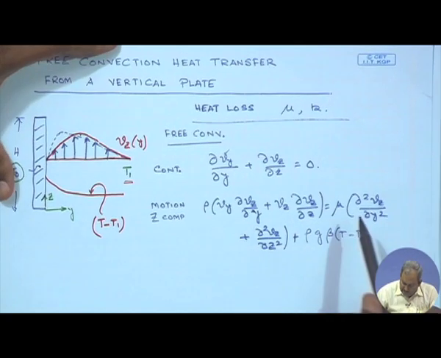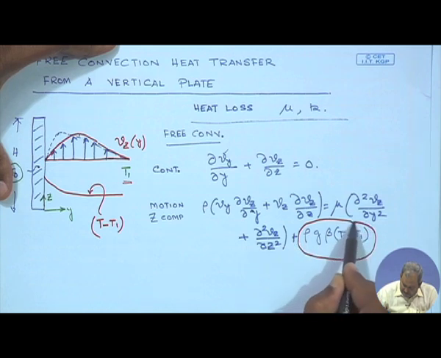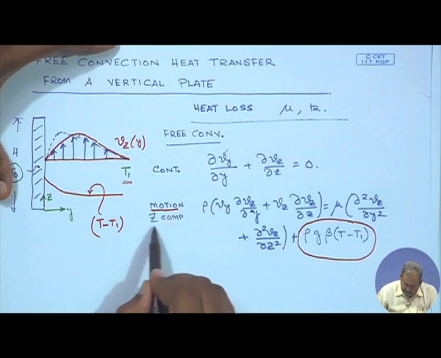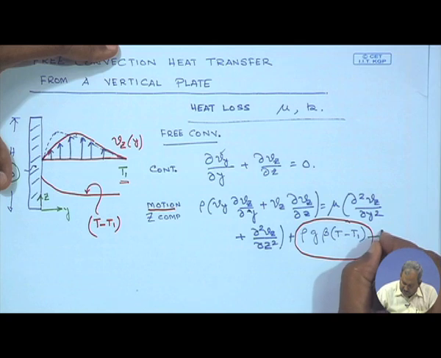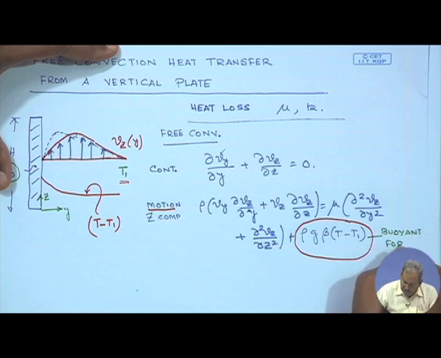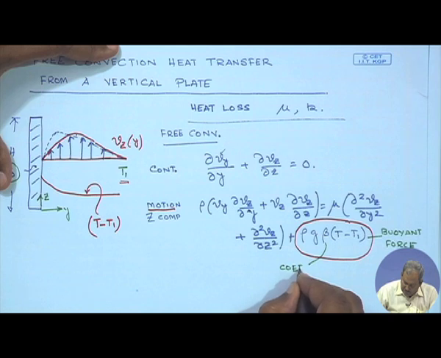So, this is the additional term which appears in the z component of the equation of motion. This essentially tells us the expression for the buoyant force, and beta is the coefficient of thermal expansion.